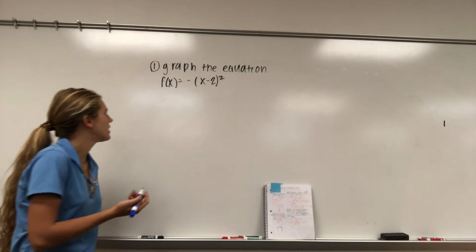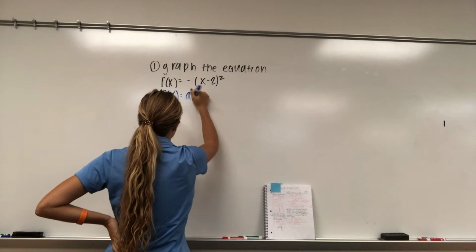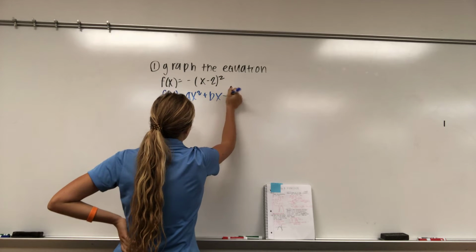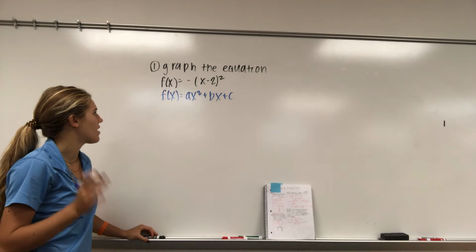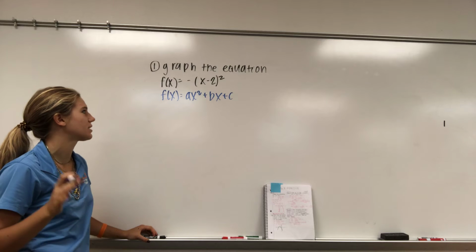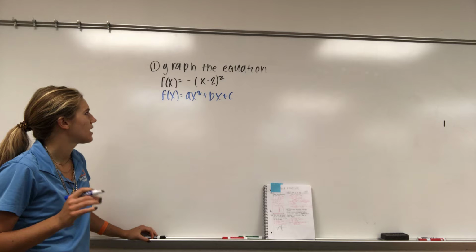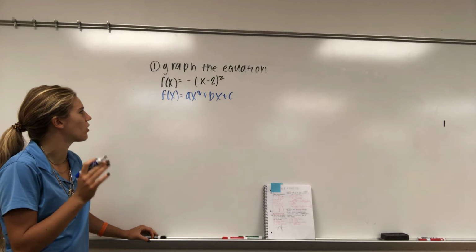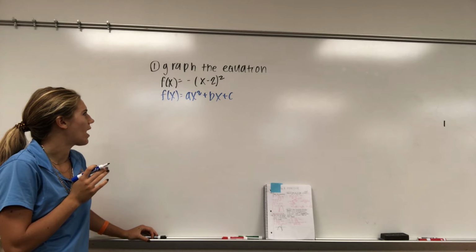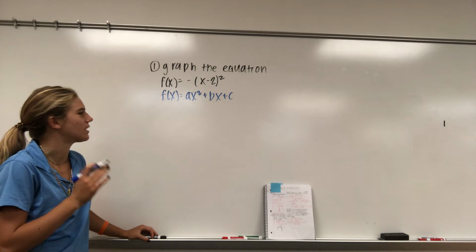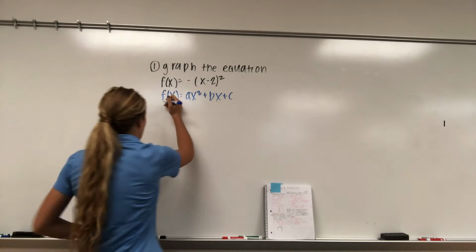So basically what I did is I thought in reference to the basic standard quadratic function, where we have f(x) is equal to ax squared plus bx plus c, where a, b, and c are all number values. In this case, it doesn't directly follow that format, however. So I'm still going to be able to think in reference to that format, but I am going to introduce another format to you guys right now.